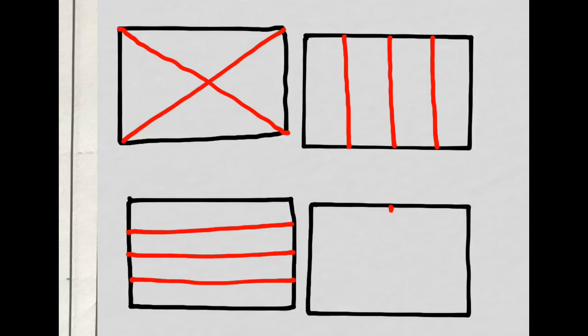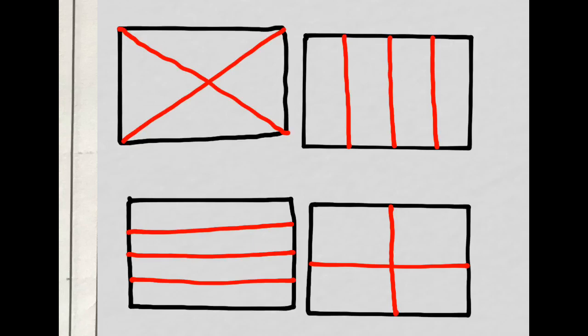And then I can also do it this way. So you can see there's many, many ways that you can choose to partition your shapes. Some shapes will limit you though, like a triangle. It might be a little harder to do it in different ways, but rectangles give you a lot of choices.